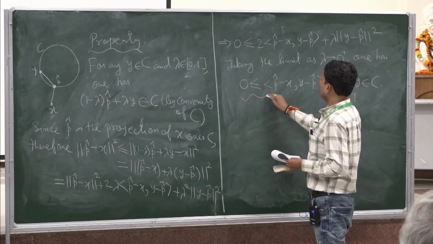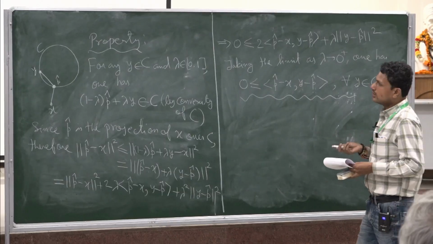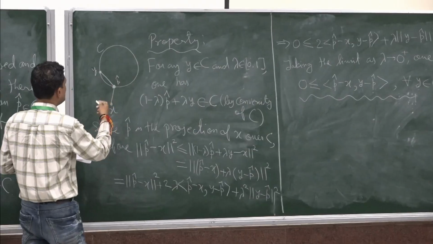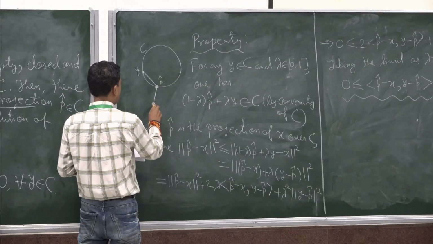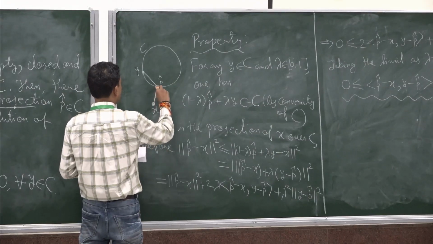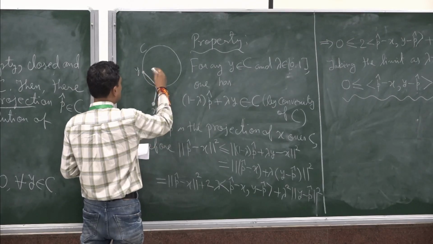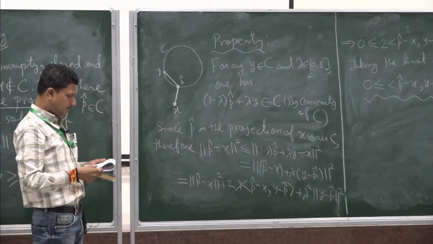So this is the property that we wanted to prove, and geometrically we can see that from a point outside the set, going to the projection and then to any other point in the set, this angle will be more than 90 degrees.